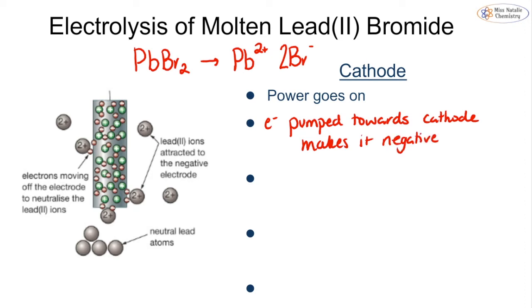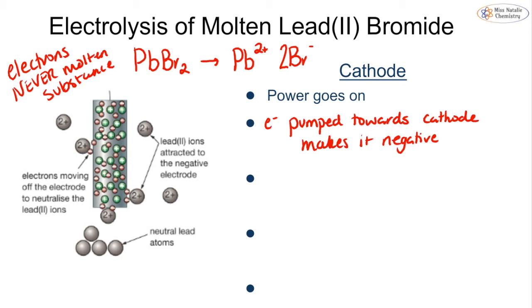Okay, so we have to be very aware that the electrons are not in the molten substance. The electrons are in the wires and the electrodes. So the electrons are never in the molten substance. They exist only in the wires and in the electrodes.